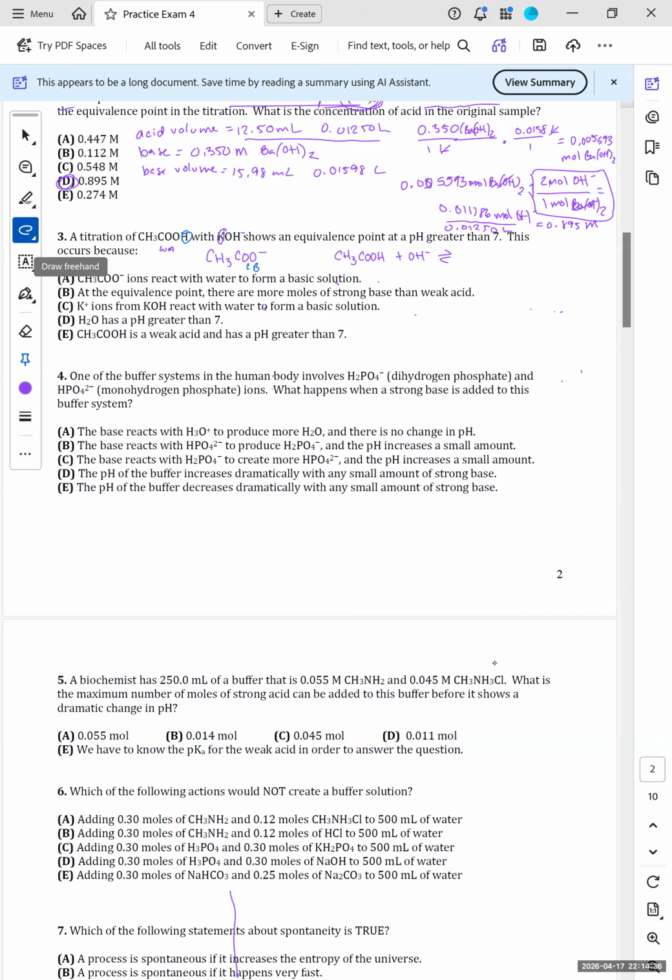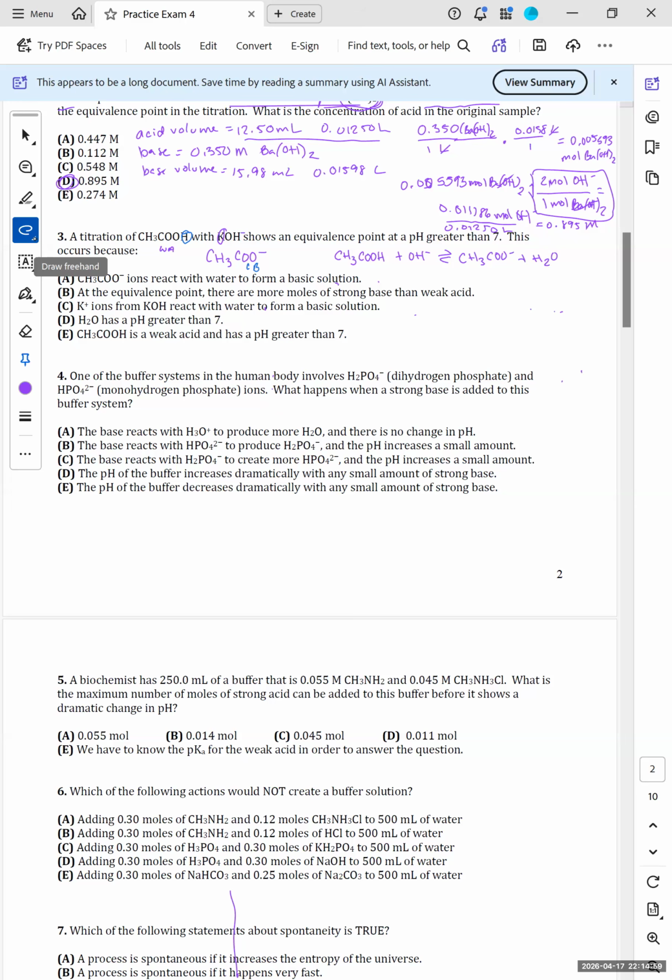It's in equilibrium with its conjugate base plus water. All right, so with this information, this question is asking why the pH at equivalence is greater than 7.